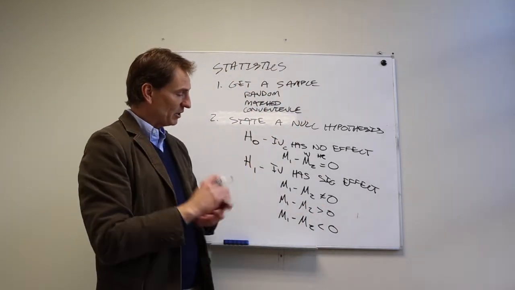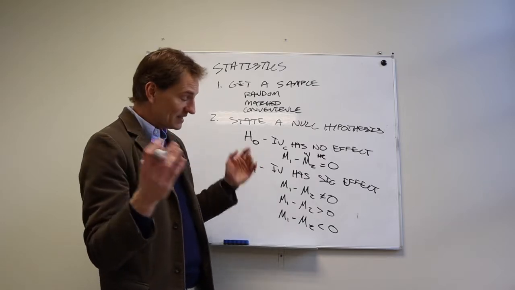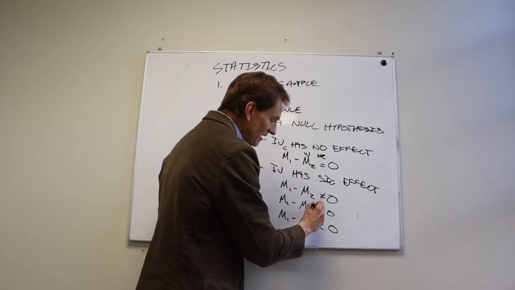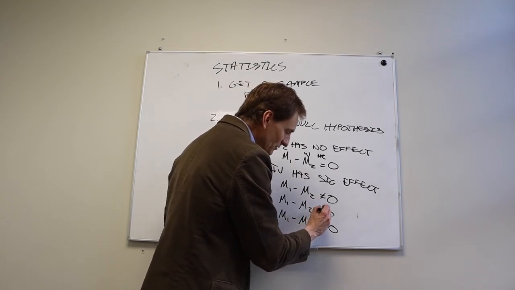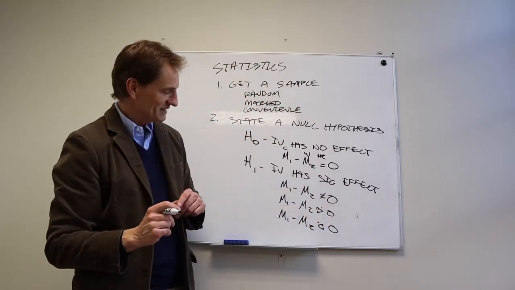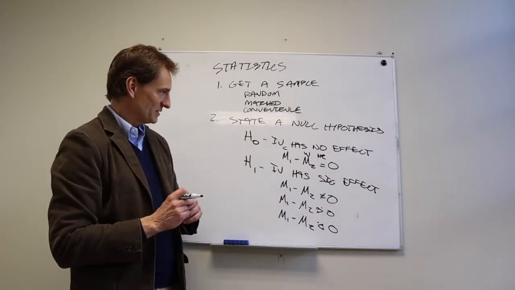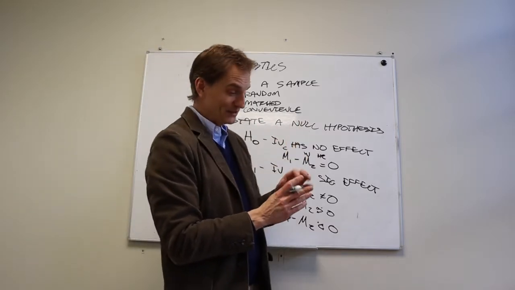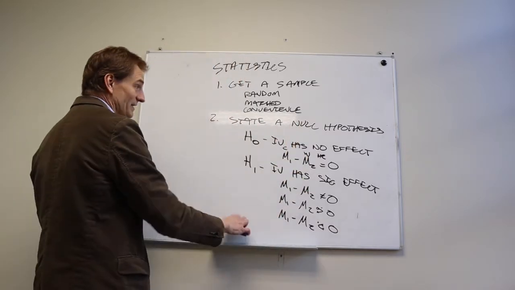We can always remember greater than and less than: it was true in 2nd grade, it's true today. The alligator always wants to eat the bigger number. That's exactly right, one of the truisms of childhood. So that's the second thing that we want to do, state a null hypothesis.